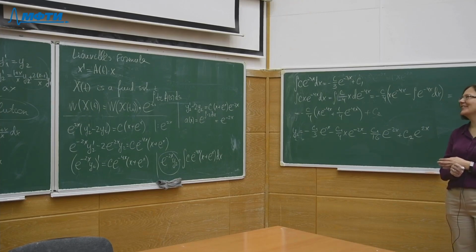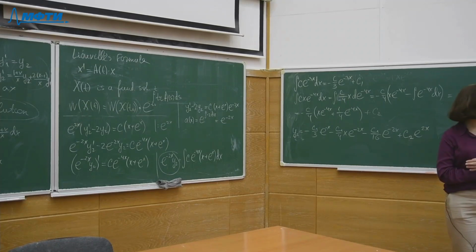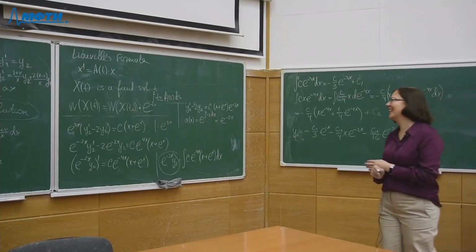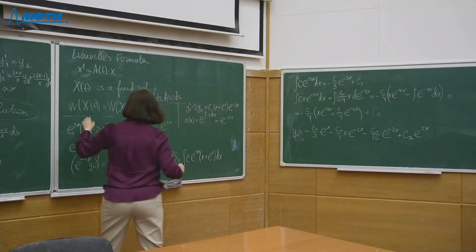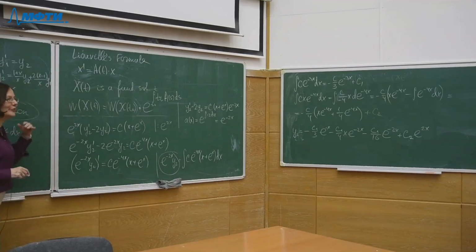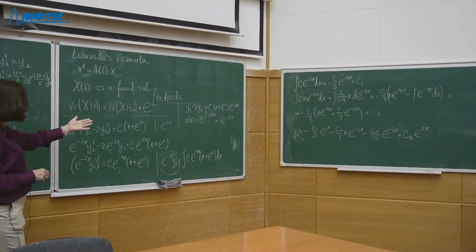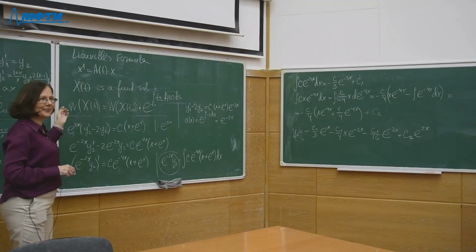I think the Liouville formula is too difficult, right? I wanted to show you how to find the Liouville formula, but I see that it is too complicated for you, to do so many steps. So the first step is to guess a solution, and the next step is to find y2 using Liouville's formula.